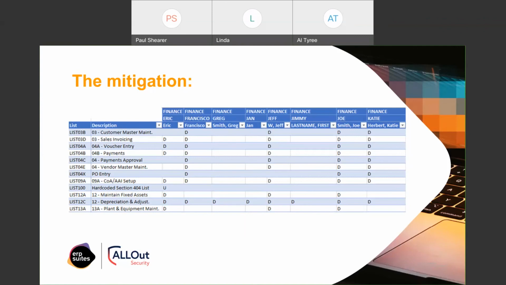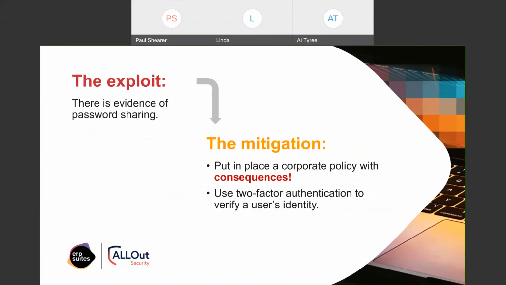Oh, fantastic. So another exploit to be concerned with is password sharing, and this is rampant across organizations. You need to make sure that's not happening, both from a security standpoint, but also from just an audit trail governance standpoint.